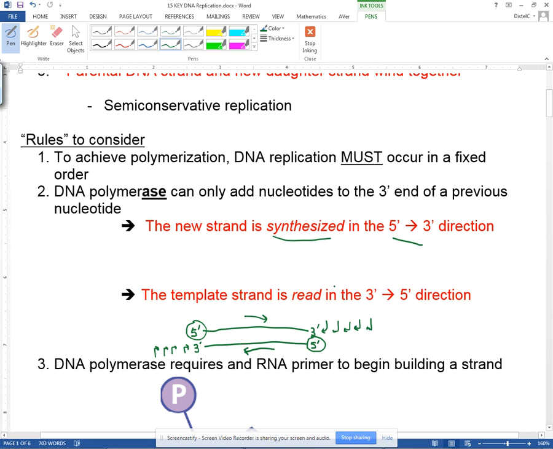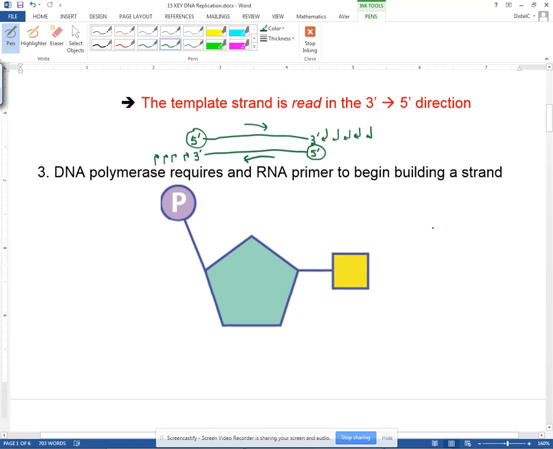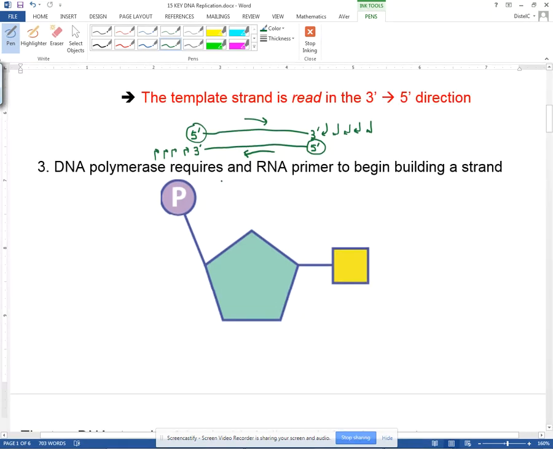The template strand is read in the 3 to 5 direction, because you have to look at what comes next. So 3 to 5, but it's synthesized in the 5 to 3, so it's elongating in this direction. DNA polymerase requires an RNA primer to begin building a new strand.